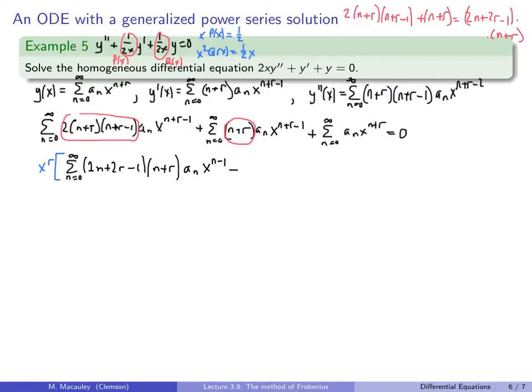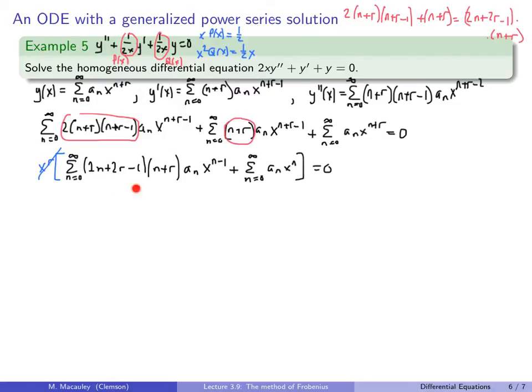And then this last term is the sum from n equals 0 to infinity of a_n x to the n, and that equals 0. And we're going to divide through by x to the r. We don't need it anymore. But we do have these r's that are in here.